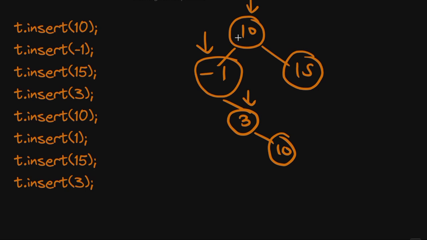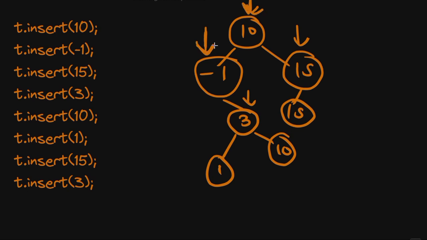Then 1. 1 is less than 10, so it will come here. It is greater than -1, yes, less than 3, so it would come here. Then 15 again, so it would be left. First of all, it is greater than 10, come here. Then it would be left biased, so it will come here, because if it is less than or equal, we add to the left. Then again 3, so it will check for 10.